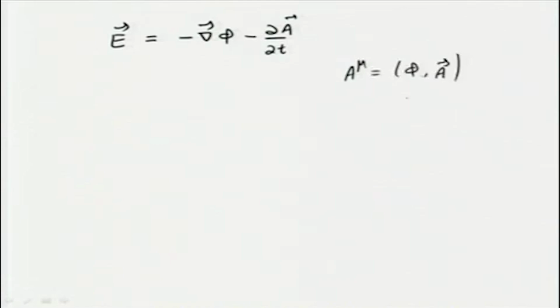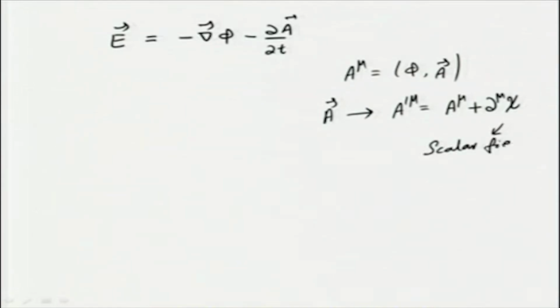When we consider the expression for the electric field, E equal to minus grad phi minus dou by dou t of A. If I take A mu and make a change in it to A prime mu, which is actually equal to the original A mu plus a derivative of some scalar field. So, chi is some scalar function.